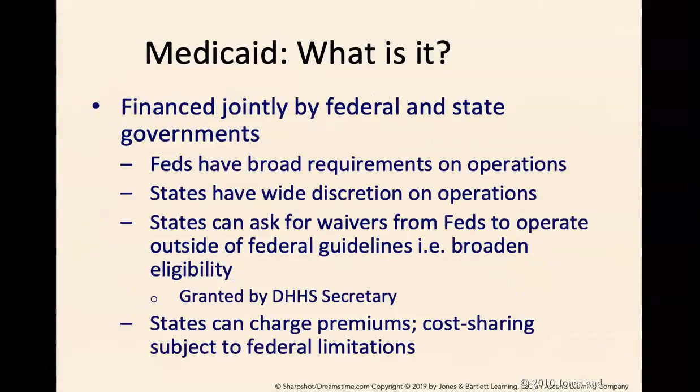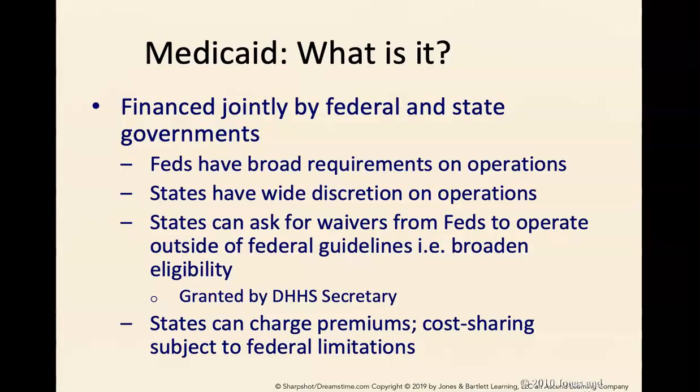How is Medicaid financed? It is financed jointly by the federal and the state governments. As I've mentioned in the previous slides, the federal government has broad requirements on how to operate your own Medicaid program. Because of this, states have wide discretion on operations. As a matter of fact, states can ask for waivers from the federal government to operate outside of the federal guidelines.